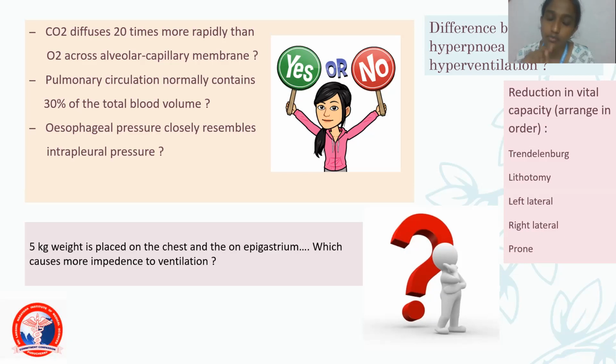And a 5 kg weight placed on the epigastrium will be more impeding to the diaphragmatic movement. So whichever is impeding the diaphragmatic movement will be more impeding. So a 5 kg weight on the epigastrium is very difficult for the patient compared to a 5 kg weight placed on the chest.